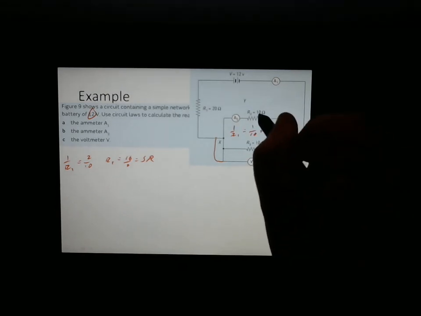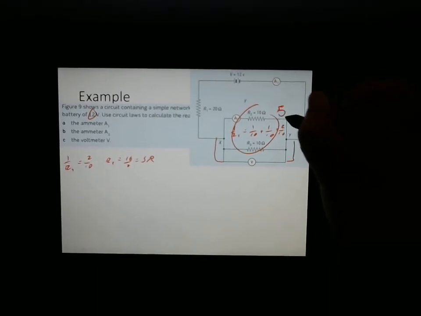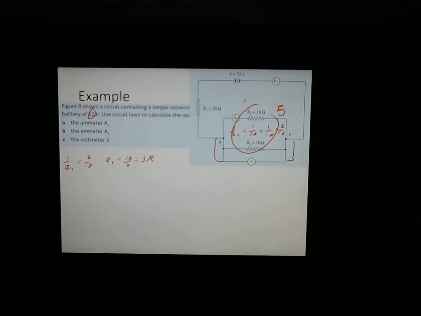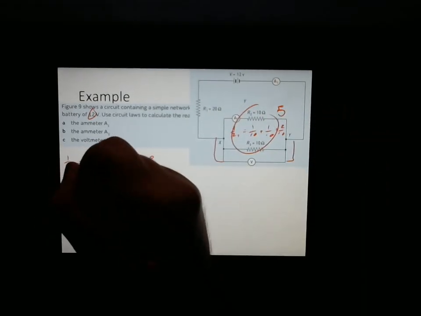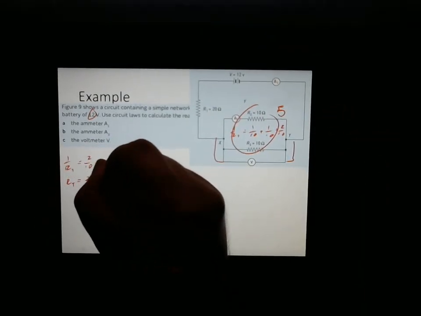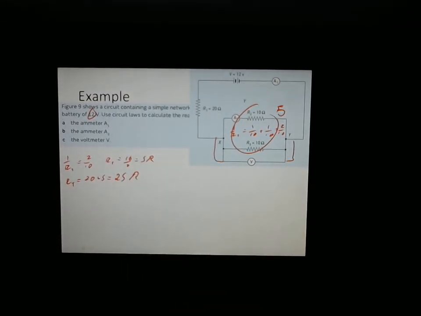So if this here is equal to 5, then this plus this, the total resistance of the circuit, must equal 20 plus 5 equals 25 ohms.